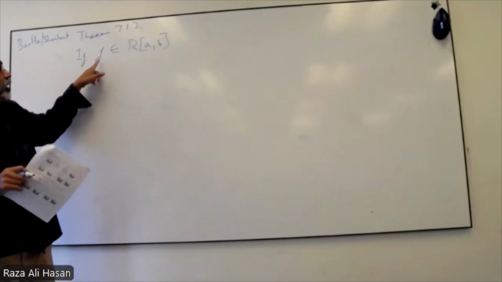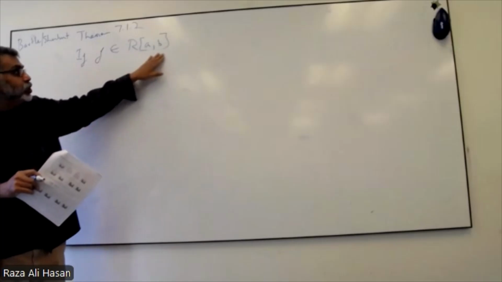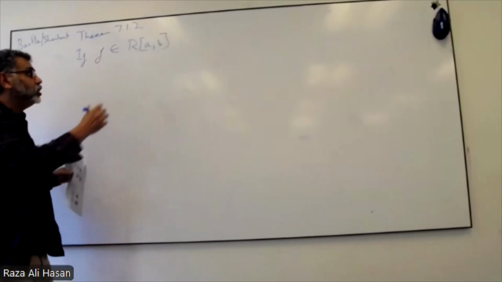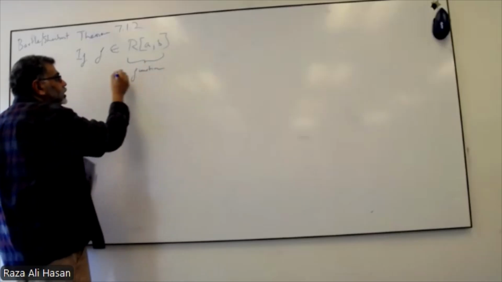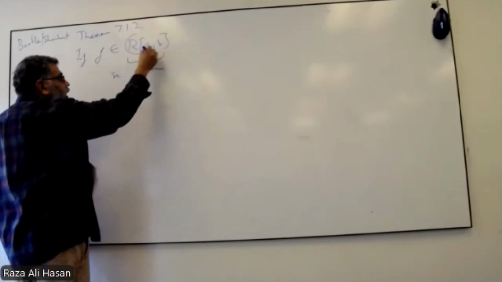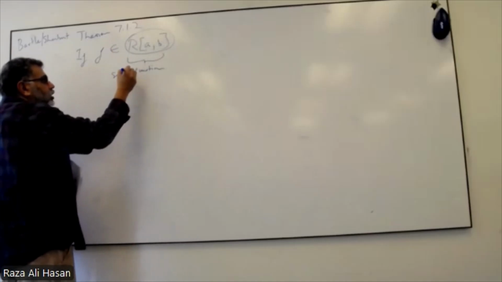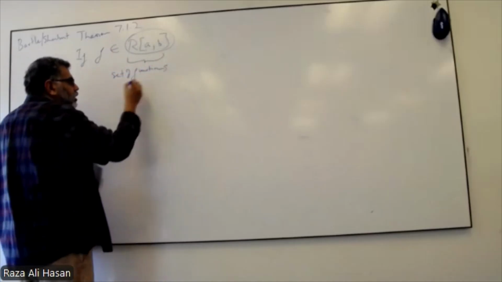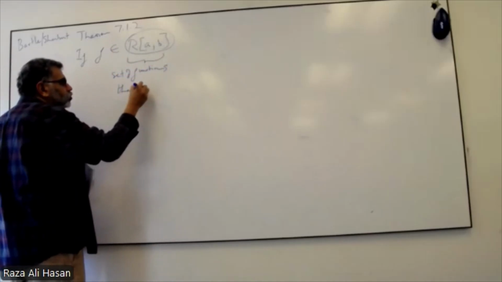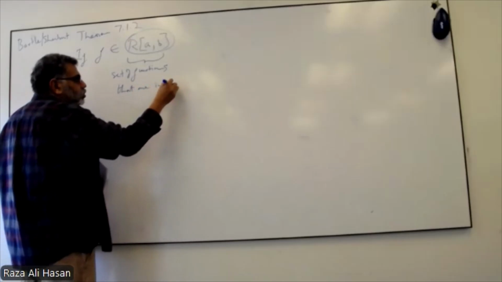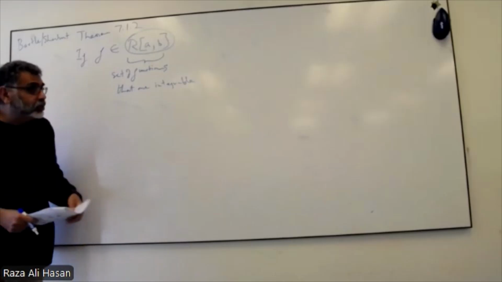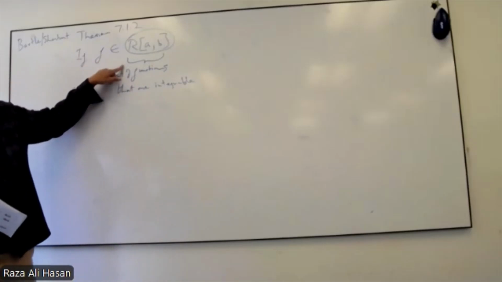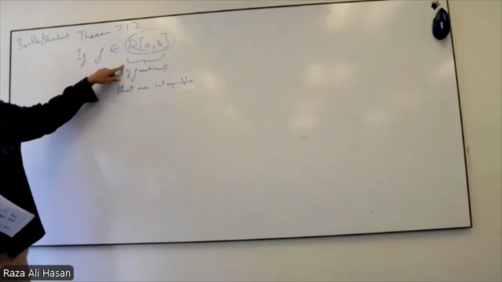And this is a special set, a set of functions. This whole thing is a name for a set of functions that are integrable, which means that we can calculate the area of the function.